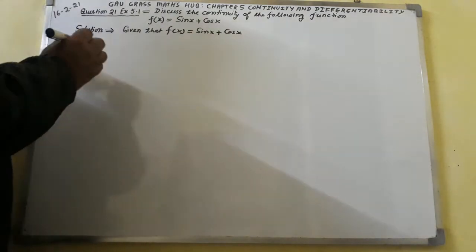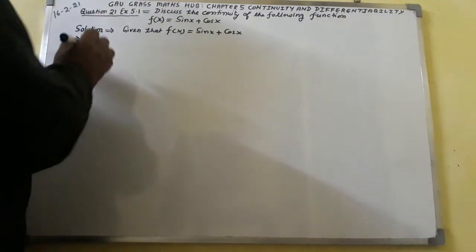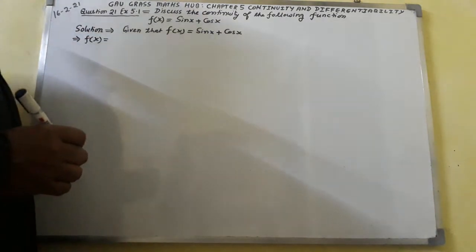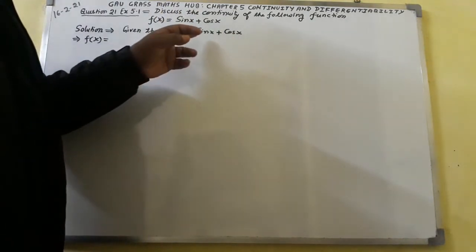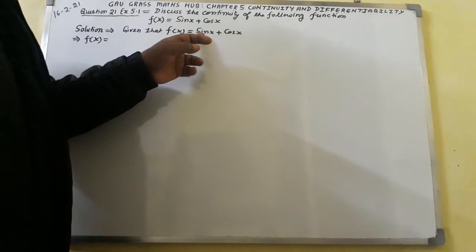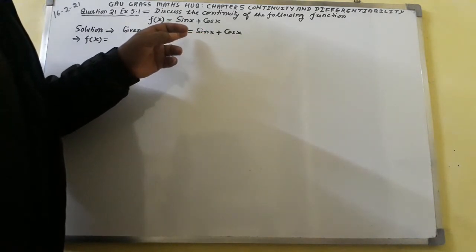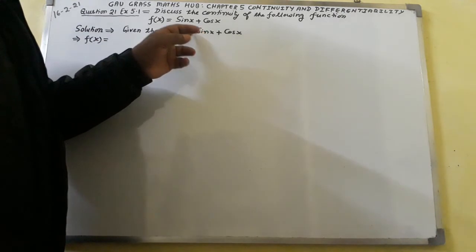This can be written as f of x equal to sin x plus cos x. In this function we shall apply a trick: multiply this function by under root 2 and also divide this function by under root 2.